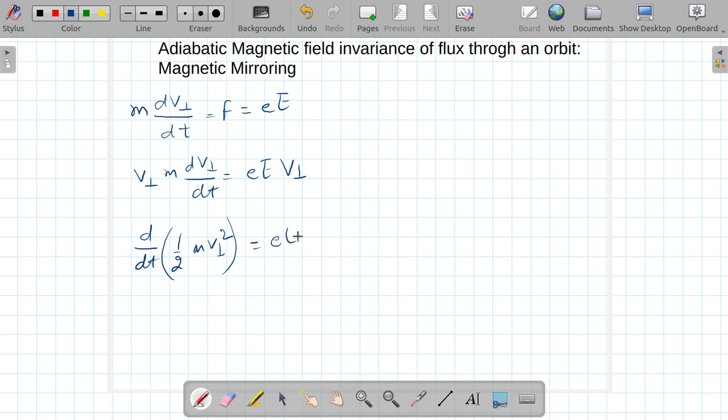So it is the perpendicular component of kinetic energy, so that's why the perpendicular component of kinetic energy, its derivative with respect to time, is equal to this one.